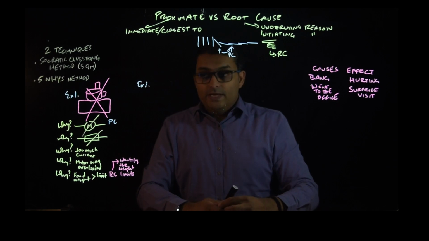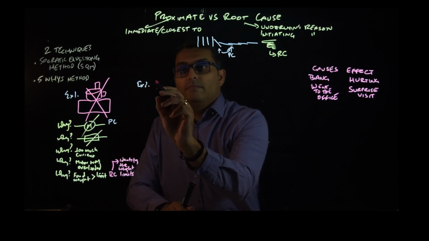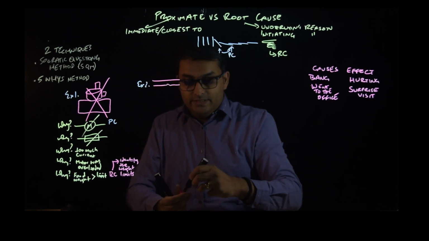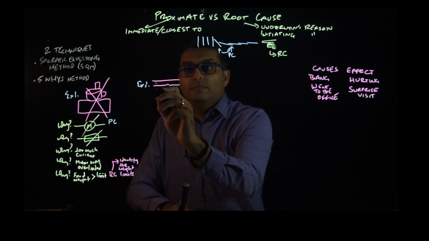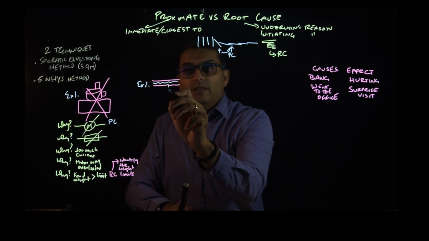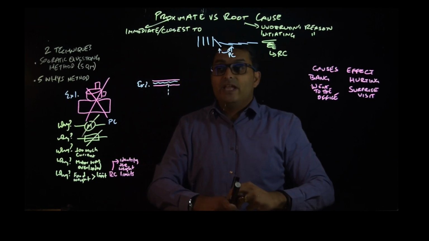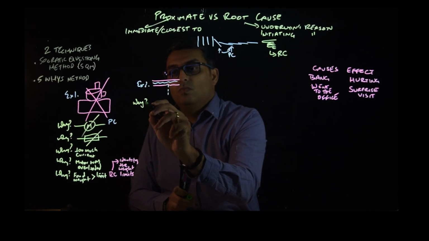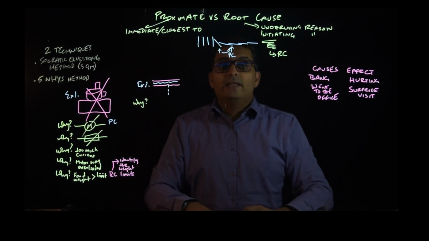Let's say there is a pipe and there is leakage. So there's water in the pipe and the water is leaking. So there is leakage in the pipe. So why is there leakage in the pipe?